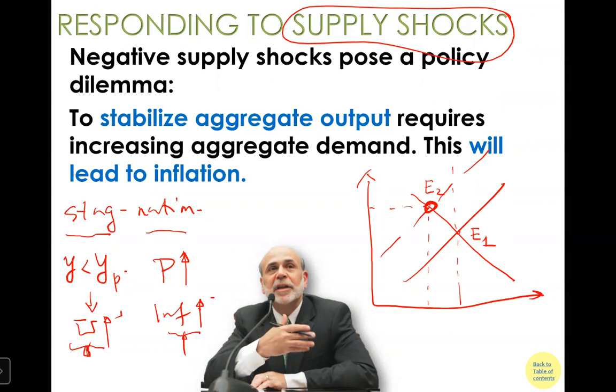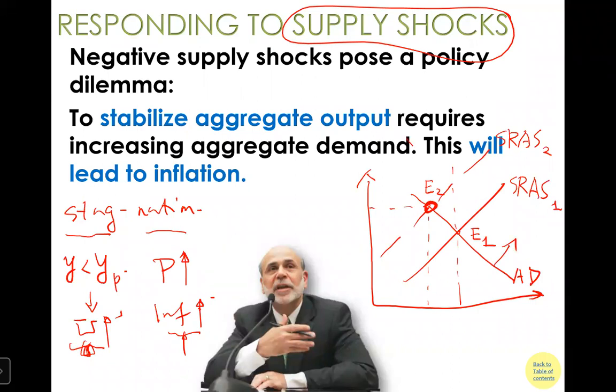So if you want to reduce unemployment, what can you do? Like I just discussed, let's label this aggregate demand, short run aggregate supply 2, short run aggregate supply 1. What you can do is increase aggregate demand, right?